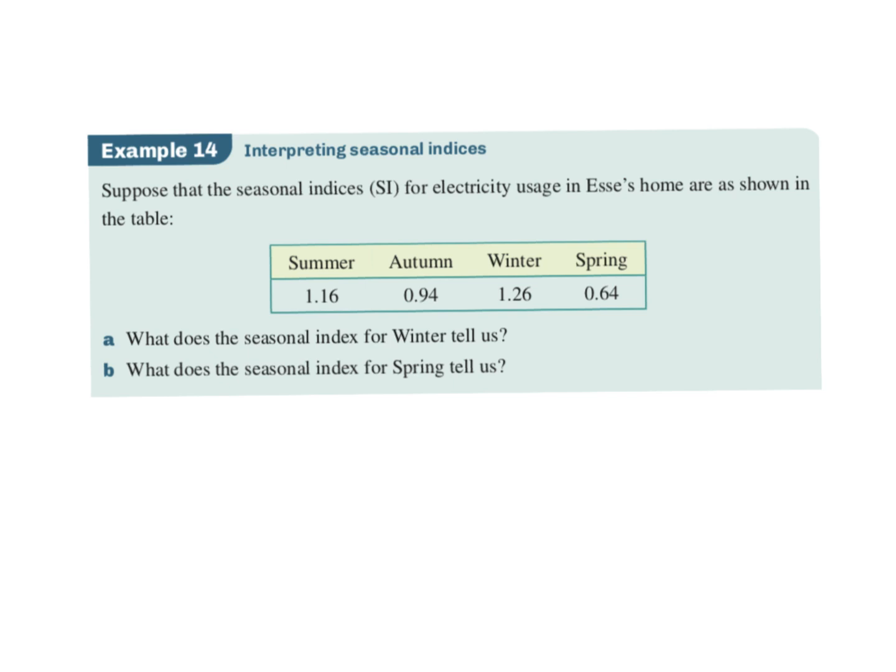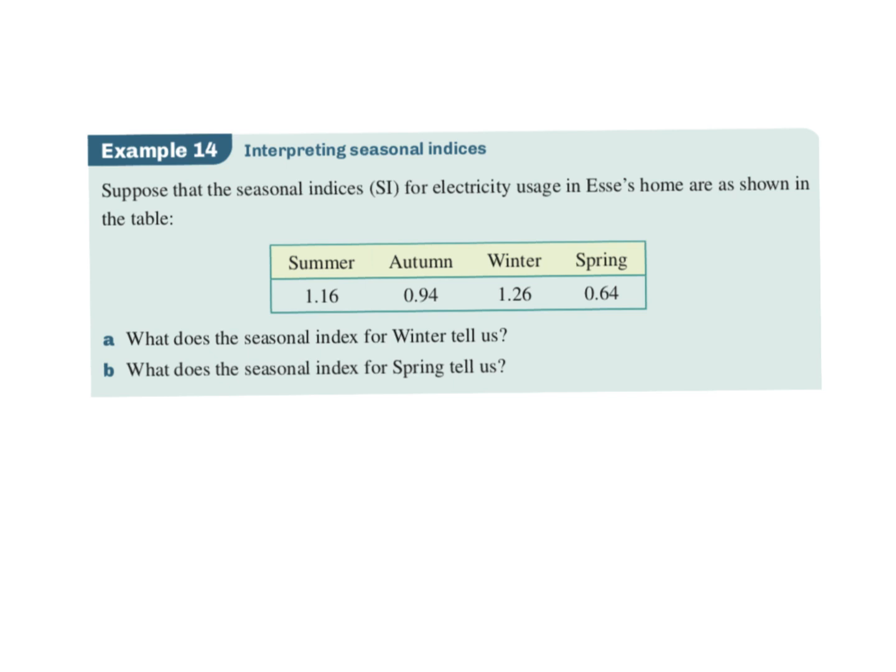Suppose the seasonal indices for electricity usage in Essie's home are shown in the table. For summer, she has a 1.16 seasonal index, so she's 16% above average. In autumn, she's 0.94, so she's 6% below because she's under the 1. Here we've got some questions.